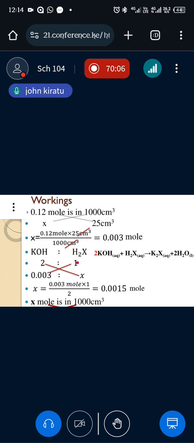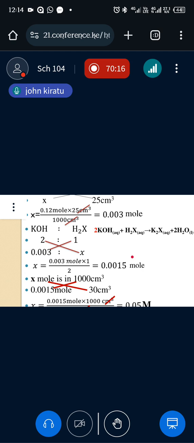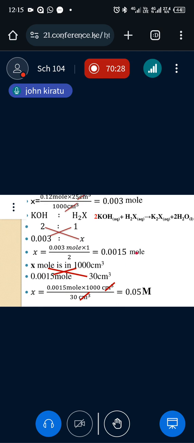I don't like teaching somebody how to calculate this. Calculate it the way you are taught by your chemistry teacher. I don't like corrupting your mind here. Calculate it, so long as you know you are calculating moles. Then after that, we know how many moles of the base we used, and now we have to put these moles in 1,000 ml.